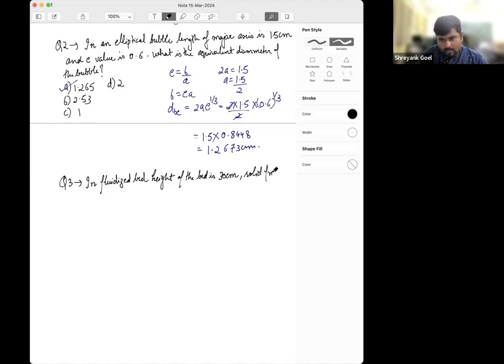Solid fraction is 35%. Solid density is 2500 kg per meter cube, and air density is 1.6 kg per meter cube. What is the pressure drop across the bed?